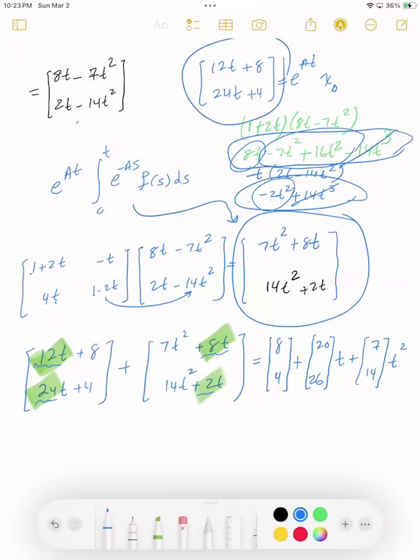Because if I backtrack, when I multiply this, I get 1 times that, which is 2t minus 14t squared. A negative times negative is negative 4t squared, but negative times negative is positive 28t squared.